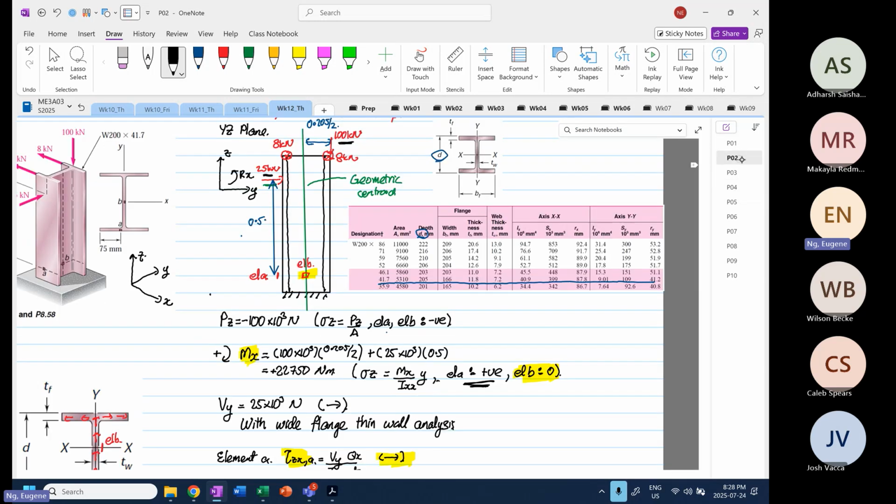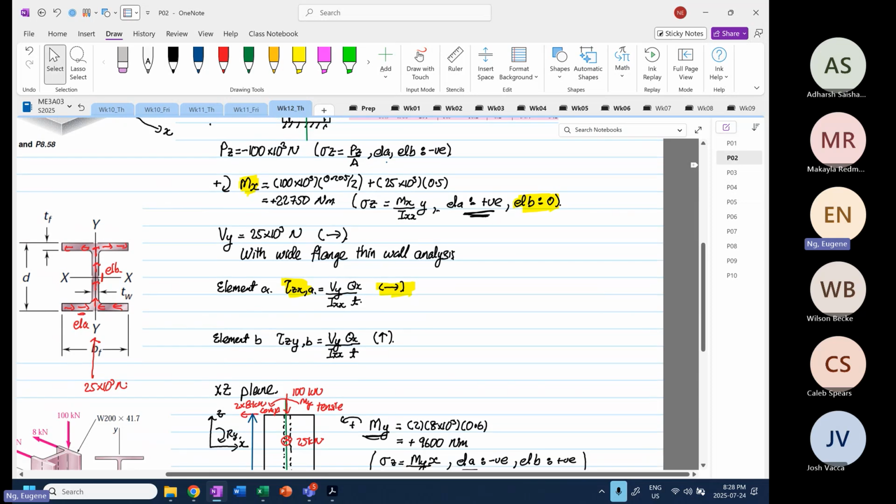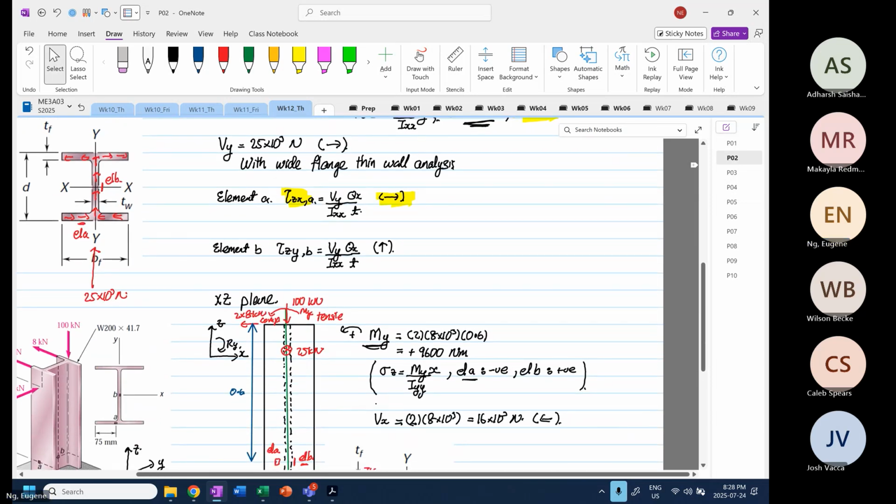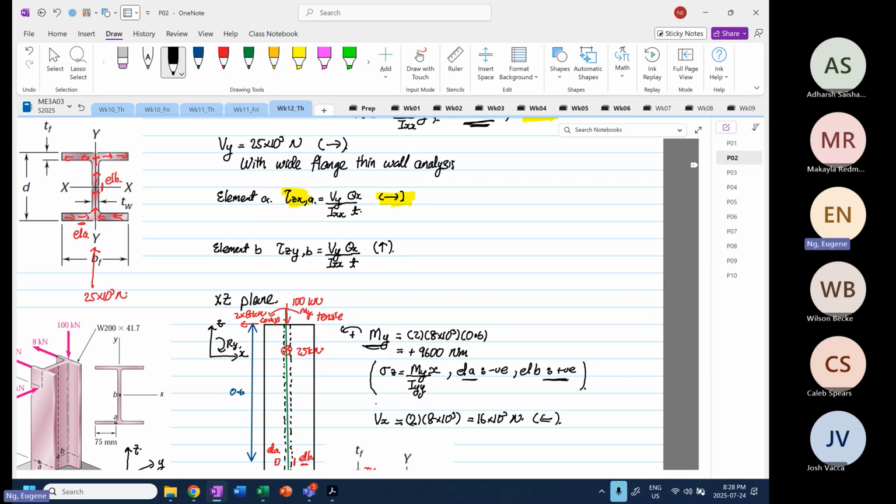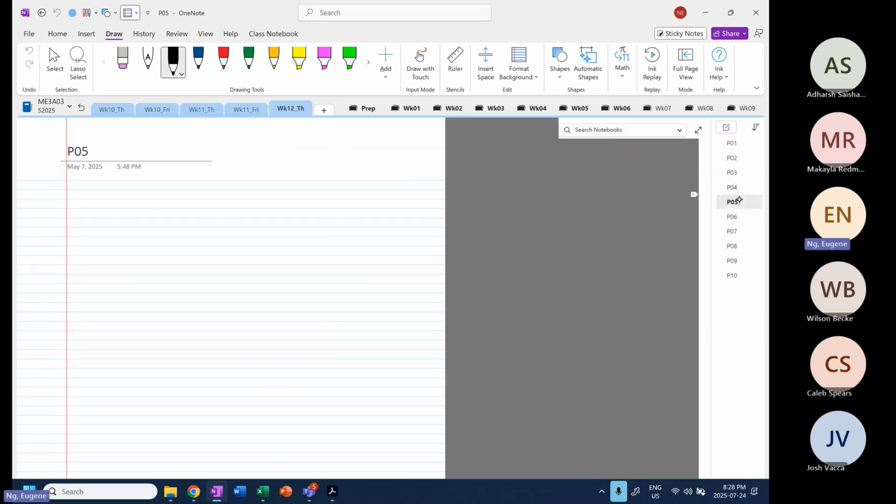Then moment about Y, again, you go back over here and look at moment about Y. Element B is going to be what? In tensile, so we know that this is going to be positive.